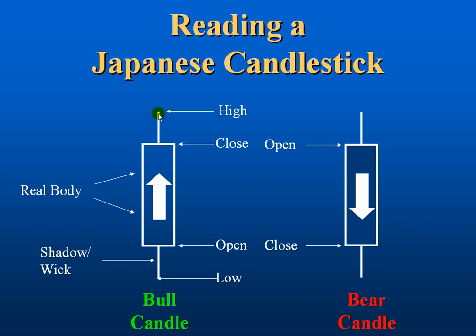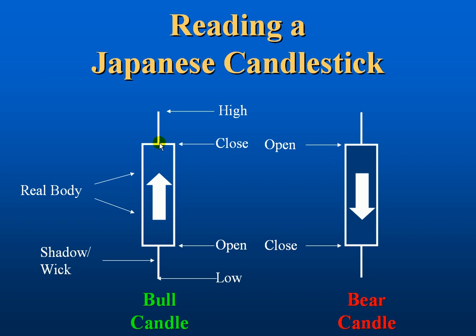Because this is a bullish candle, price has opened at this point right here, the low of the body, and at one point during this time period, price moved all the way down to this low and rallied, and at one time price traded all the way up to this high and closed right here at the end of the time period.